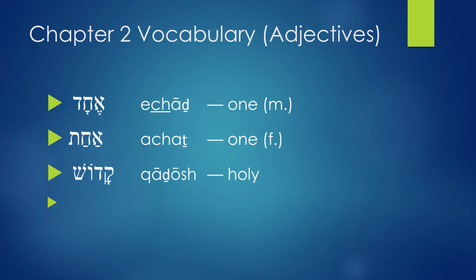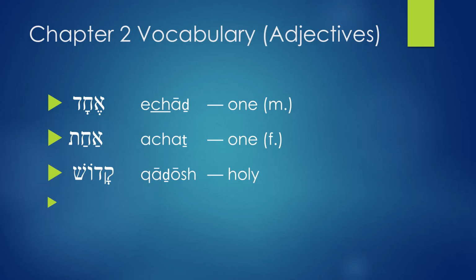On the adjectives we have the first one, echad. That letter in the middle there is a chet. So it's echad, and that word means one. It's an adjective. Next you have achat. That word also means one.